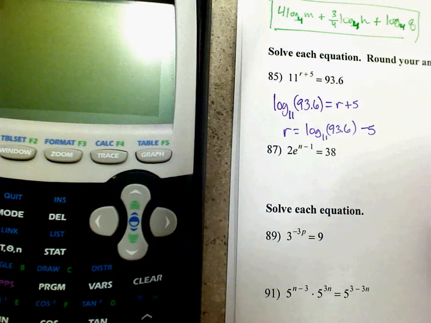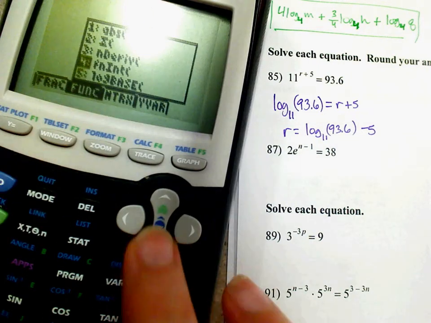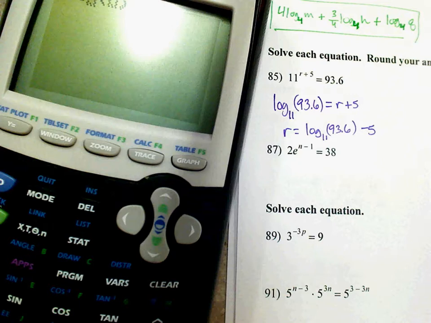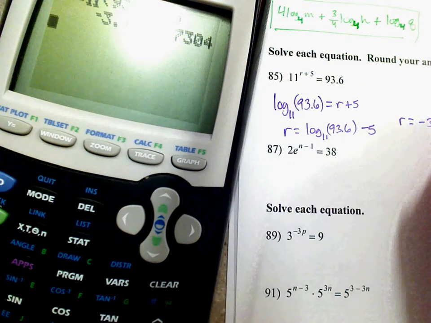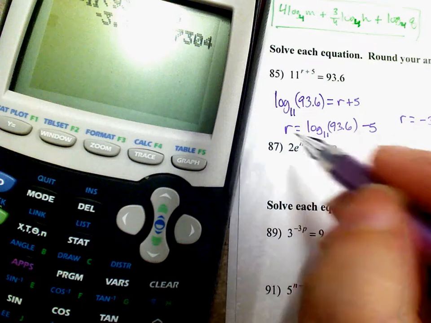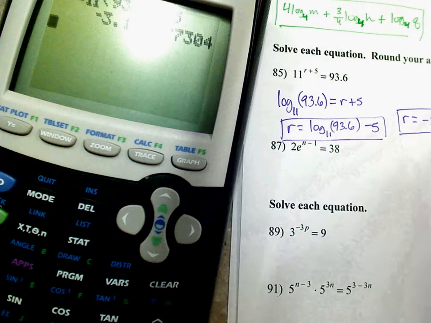Okay, so if I wanted to type it in, I could go alpha window number 5, log base 11, 93.6, and then minus 5. So as far as the decimal goes, negative 3.107. I would accept either answer, but if it's multiple choice and it's a decimal, then just match it to that.